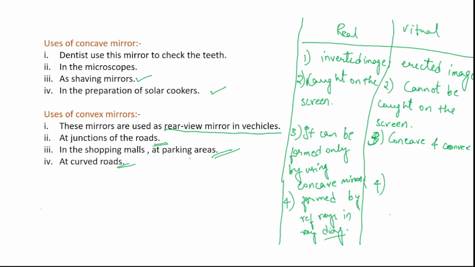But we are extending the reflected rays, by this only we are getting the virtual images in convex mirror case, right? So virtual images are formed by extending the reflected rays backwards. So these are the basic differences between real and virtual image.